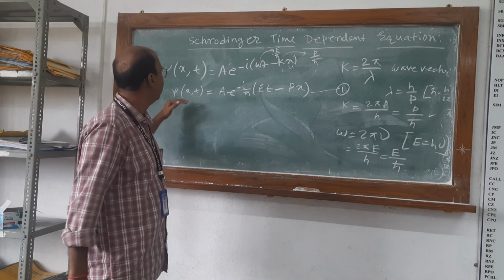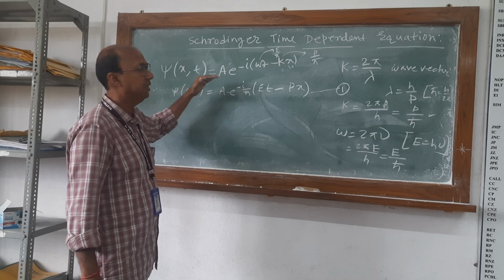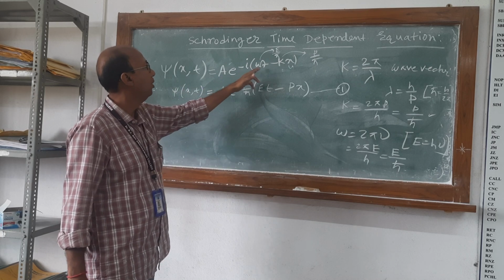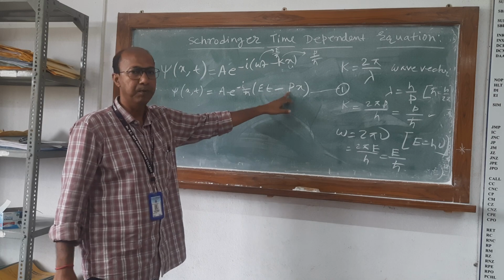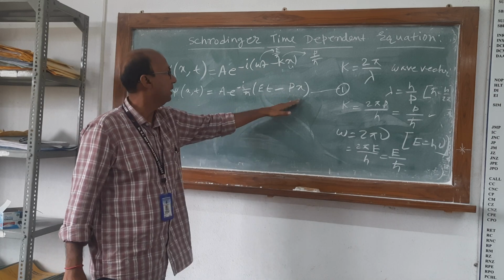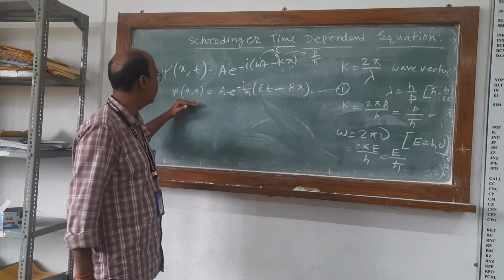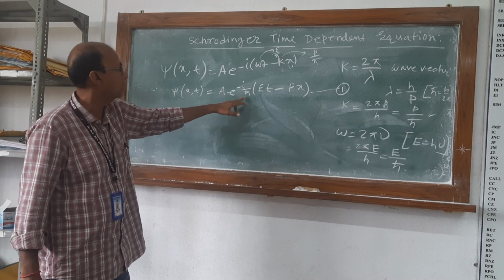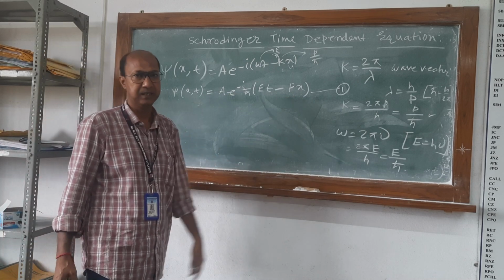So this psi(x, t) we can transform, replacing omega and k by energy and momentum, and rewrite the equation. This is the final equation: psi(x, t) equal to a e to the power minus i by h bar (Et minus px).